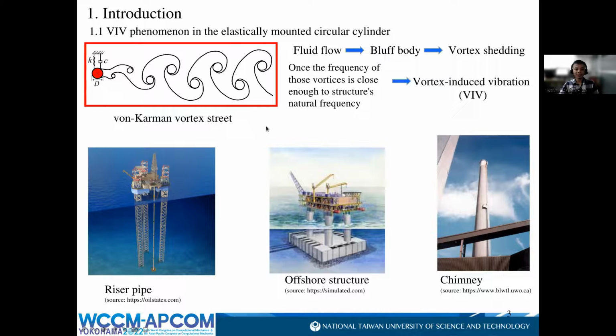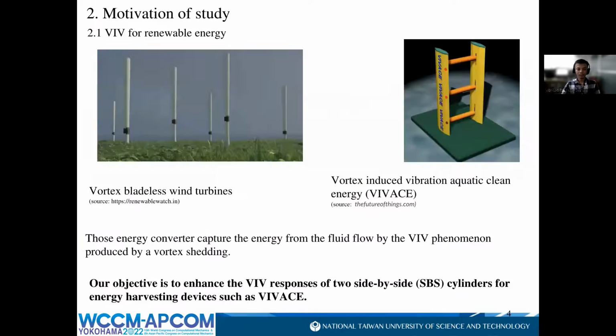Actually, researchers and engineers try to diminish the effect of VIV in those kinds of engineering structures. Recently, many researchers try to use the VIV phenomenon for energy harvesting devices such as the vortex bladeless wind turbine and also Vortex Induced Vibration for Aquatic Clean Energy, or VIVACE.